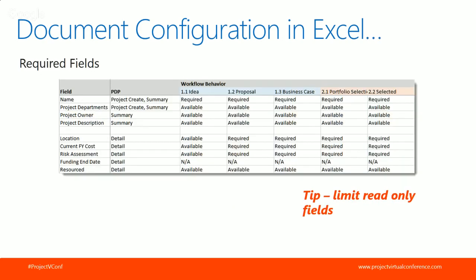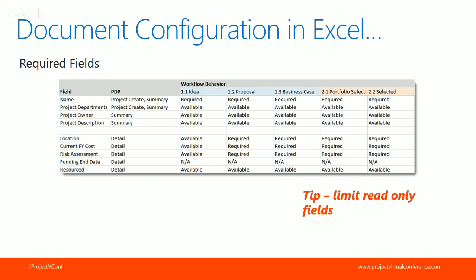Okay, the second tab in our workbook is what we call the required fields tab. So here we're going to show which fields are going to be available and which fields are going to be required per stage. The way this actually gets configured in the product is through what are called project detail pages.